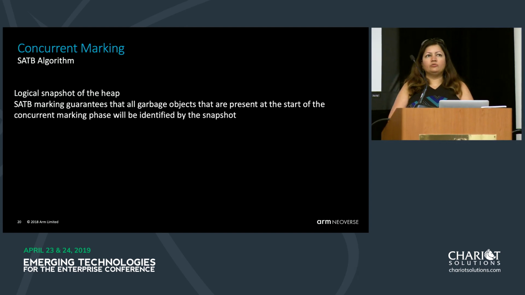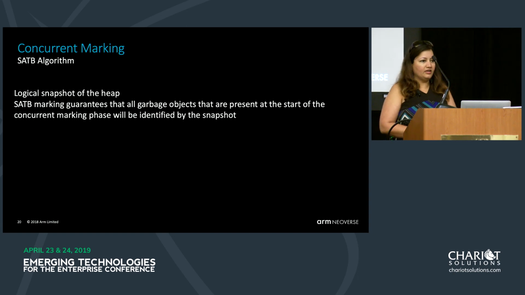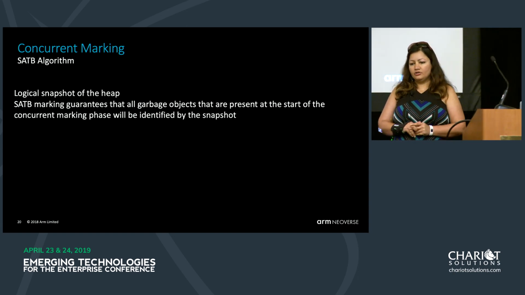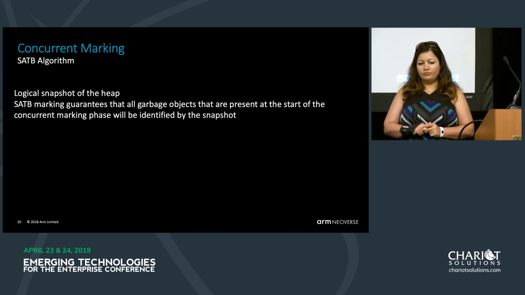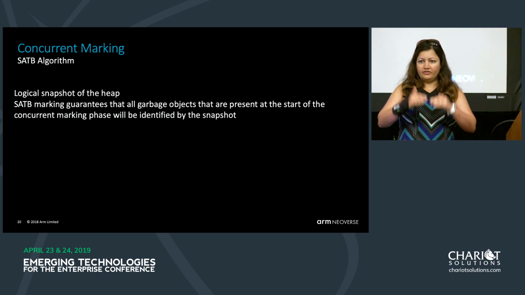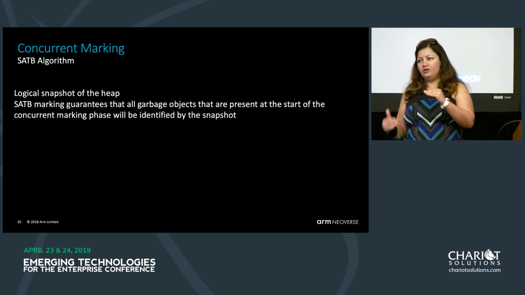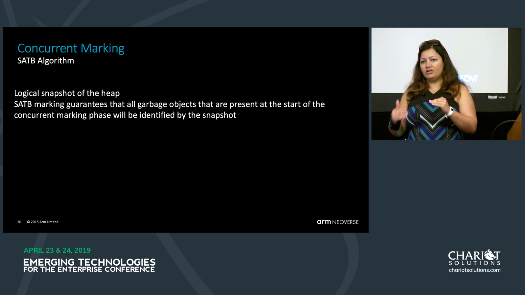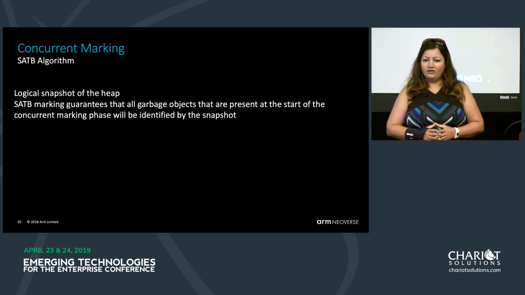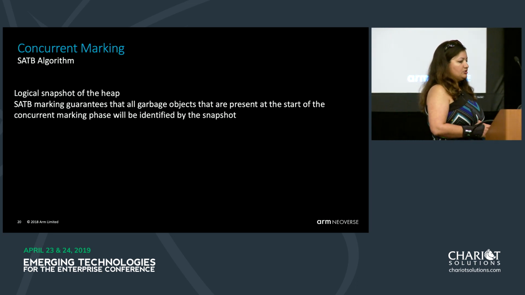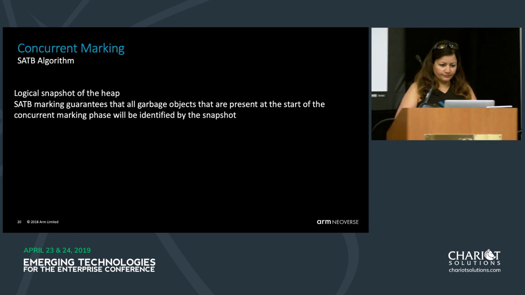SATB marking guarantees that if you have any garbage, that will be known to you. So if at the start of marking a number of objects were garbage, that would be known to you by the end of marking. Okay? So that means all live objects are marked.